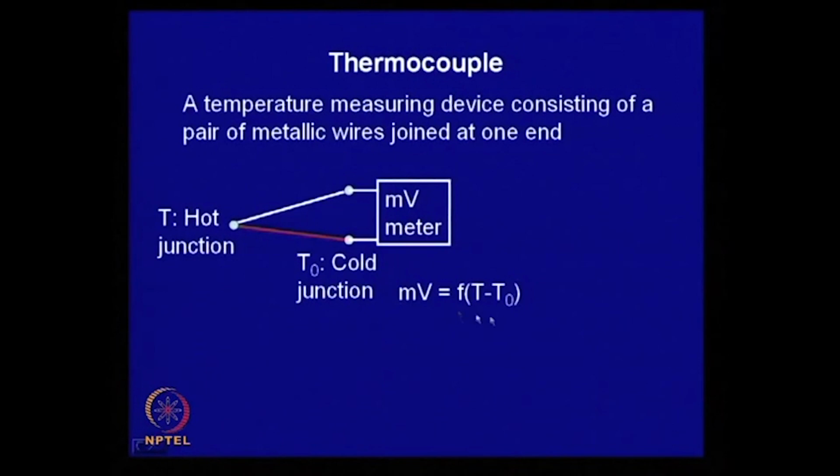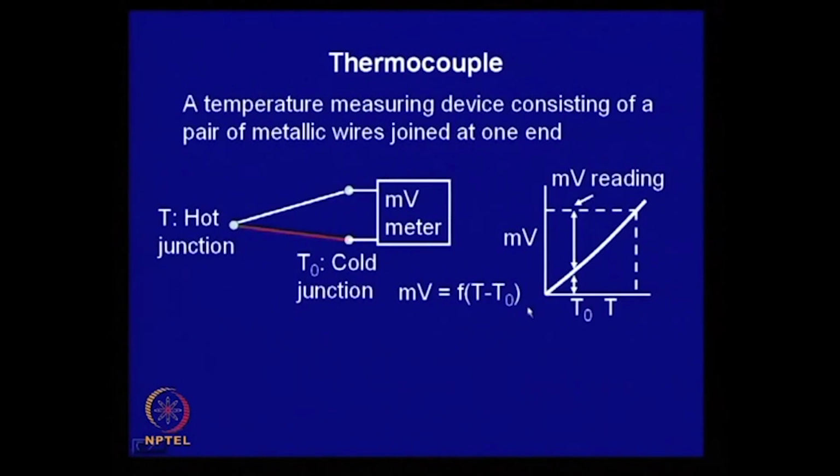In ideal cases, we will prefer a thermocouple where this relationship is linear. But in reality, in most cases, even though it is nearly linear, it may not be perfectly linear, something like this. The millivolt reading as a function of temperature is shown over here. So, this is the characteristic of the thermocouple.